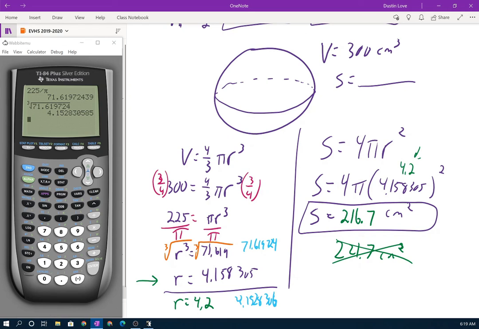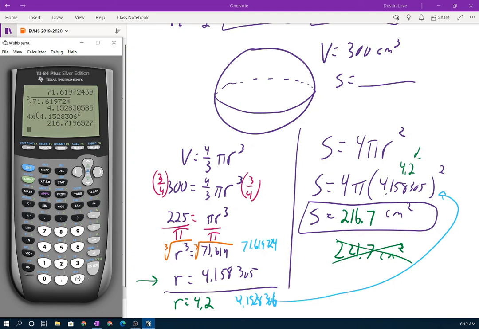Okay, now I'm going to use that in over here for my radius, and 4 pi times 4.1528306 squared gives me 216.7 centimeters squared. Now, here's my point on this.